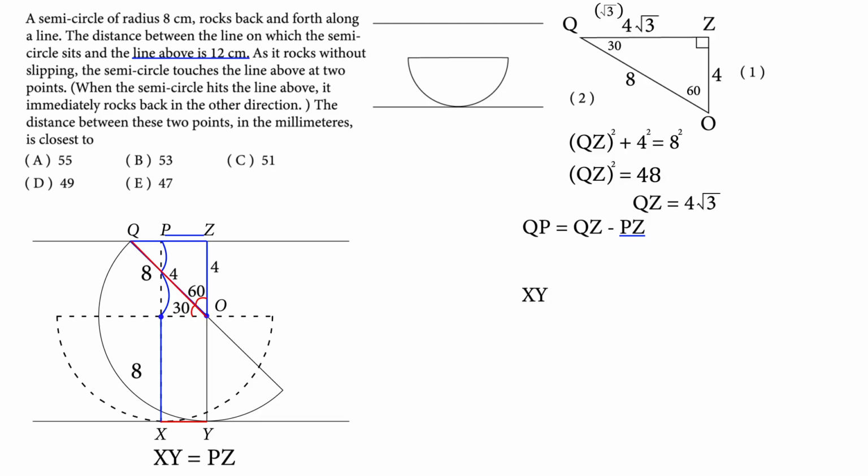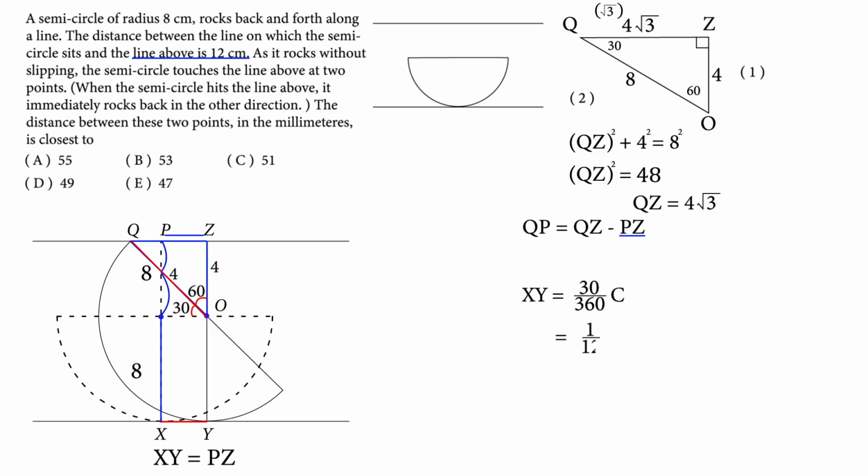Well, xy, as I previously mentioned, is calculated by the fact that this semicircle tilts 30 degrees. So 30 degrees divided by 360, which is the full way around, is the fraction of the circumference that travels from x to y. All right, so the distance from x to y is 30 over 360 times the circumference of that circle.